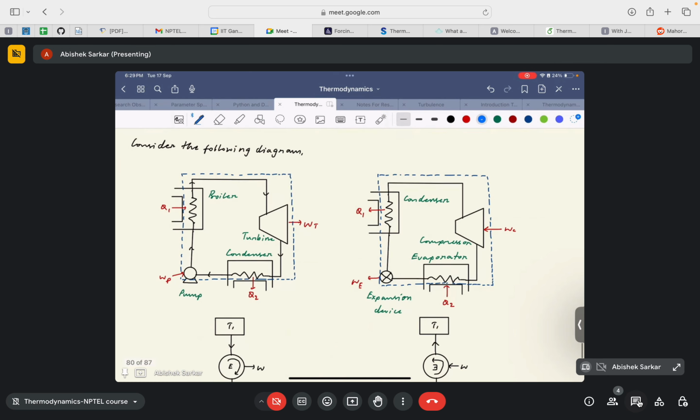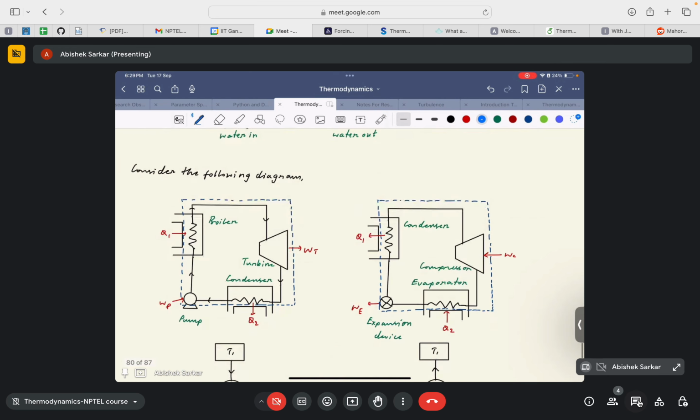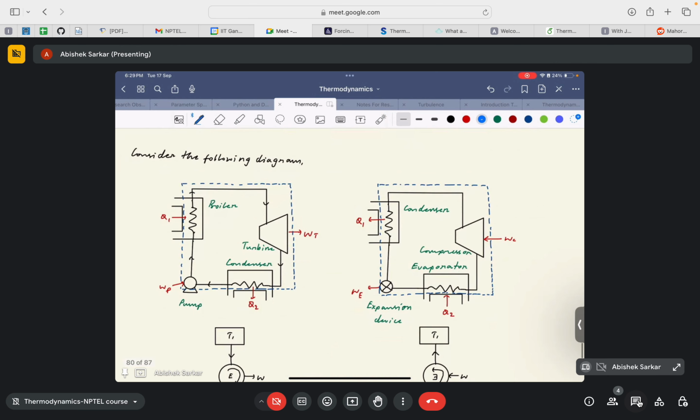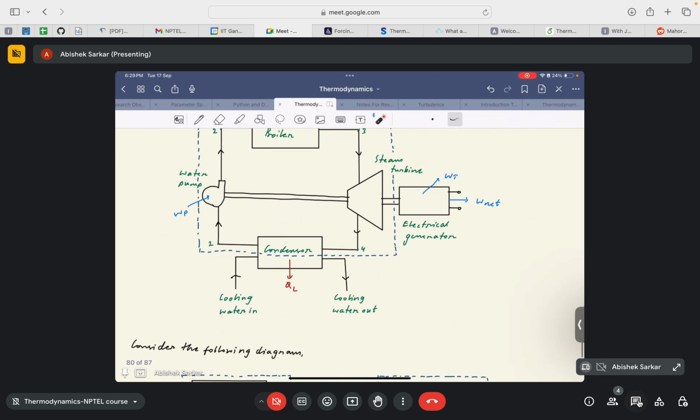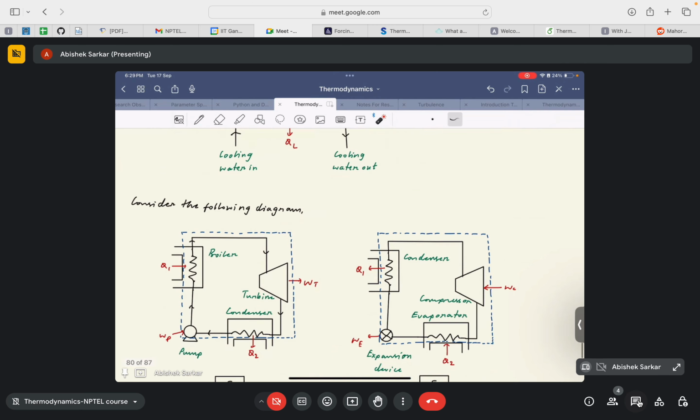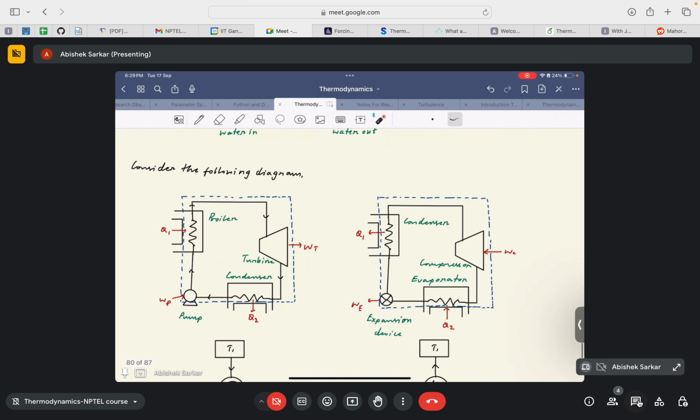These heat engines can also be denoted in the form of a schematic diagram as shown here. It's a very extensive diagram, so we can simplify it in the form of a simple schematic, where we again see the boiler, where we denote the heat input to the boiler as Q1.